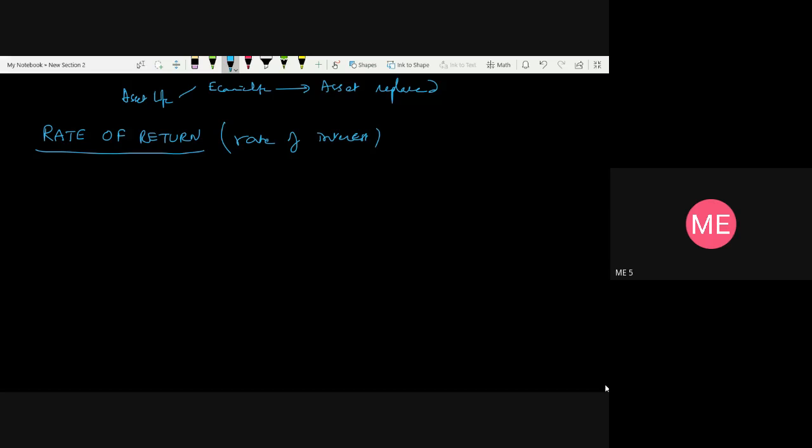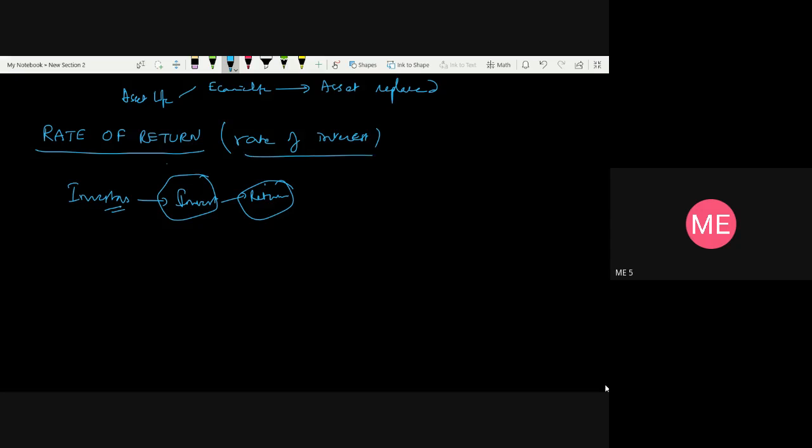Suppose investors invest an amount, so he expects a return. This return is nothing but the rate you expect for the investment made by the investors.